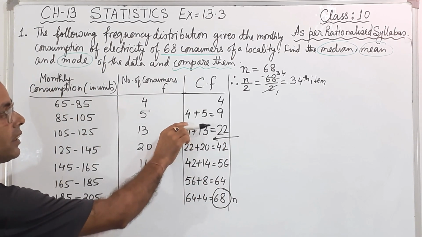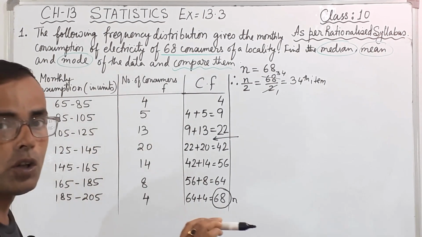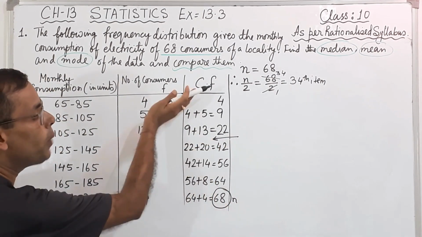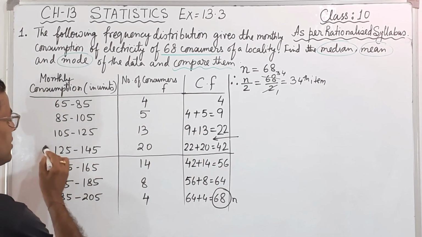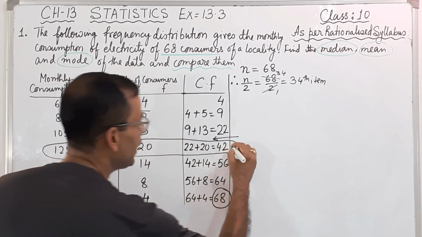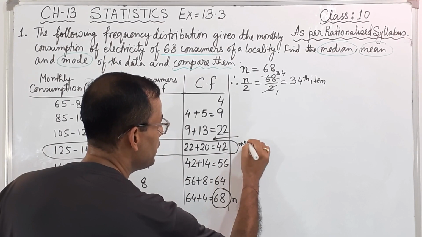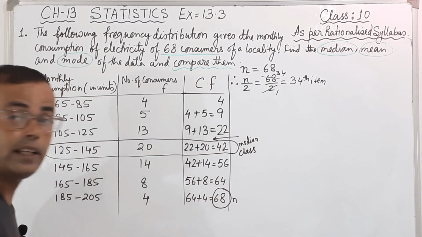Once it has crossed the third row, this is the first row, second row, third row, then you cannot go back to the third row. You will take the fourth row. And this fourth row is only known as the median class. Clear? Like this only I told you.